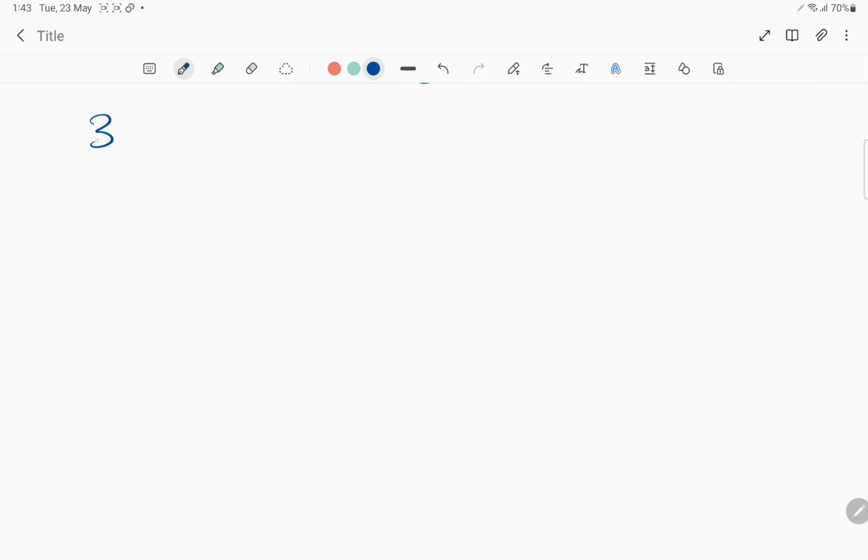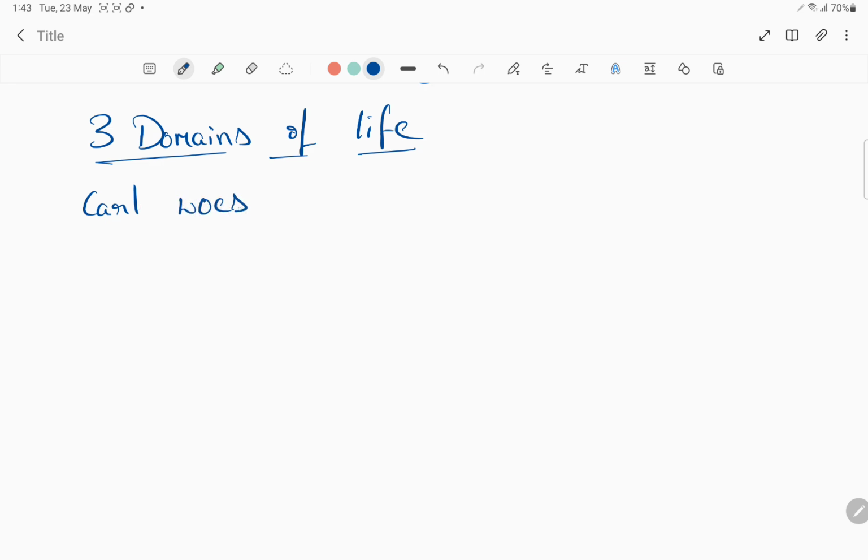Let's see the three domains of life. The three domains of life was given by Carl Woese in the year 1990. He set up the possible values to qualify the inputs, which are known as domains.